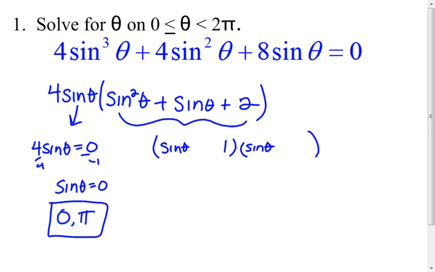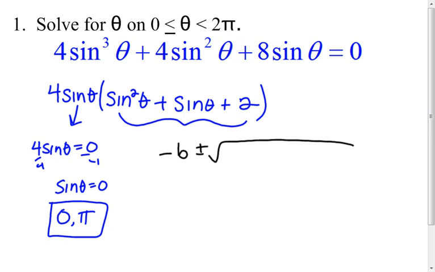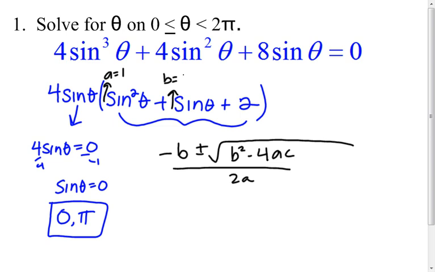So I'm going to clean this up a little bit here. When you use the quadratic formula, remember, the formula is negative b plus or minus the square root of b squared minus 4ac all over 2a. Your a comes from right here, so your a is 1. Your b is 1.